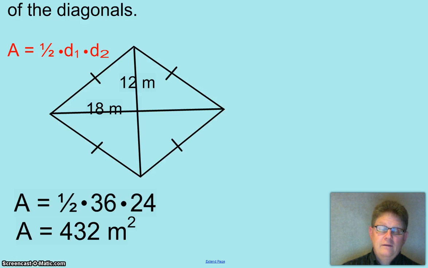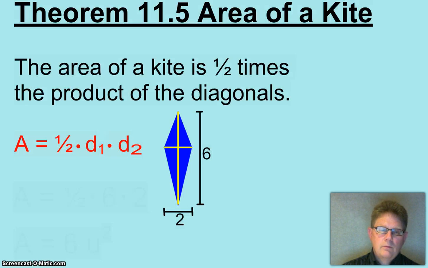Let's look at the area of a kite. Through the same process with a little bit more difficulty, you can show that the area of a kite is 1/2 diagonal 1 times diagonal 2.